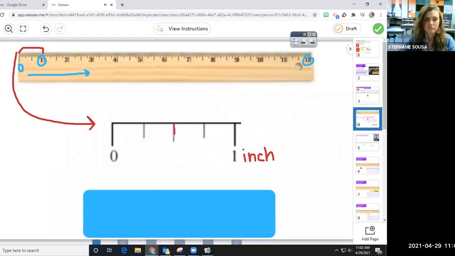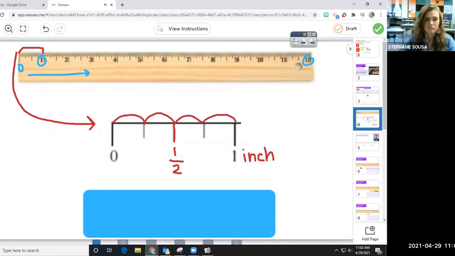This tick mark is 1/2. If you look from 0 to 1, I notice that it is partitioned into 4 equal sections.